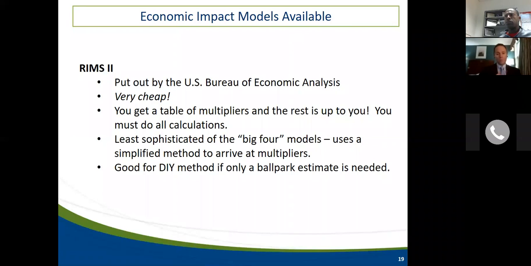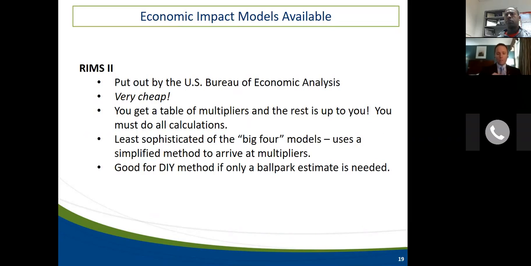So the model will assume if you're in the parts manufacturing business, rolled steel or whatever, a typical worker in that industry gets paid X dollars. Therefore, if you have 100 new jobs, 100 times X is the wages. And again, you can adjust that if there's something specific to your project that's very unusual.